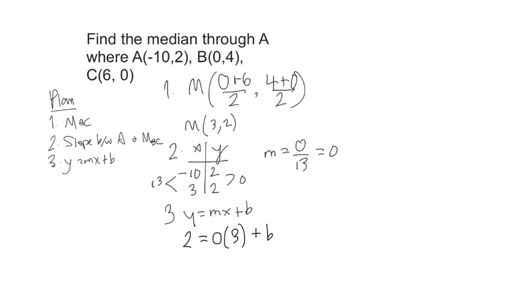I've got to solve for it. So now, simplifying the right-hand side, 0 times 3 is 0, so I have 2 equals b. Oh, well, shucks. That means that my median is just y equals 2. That's it. Done.